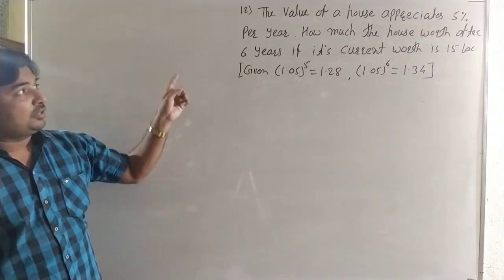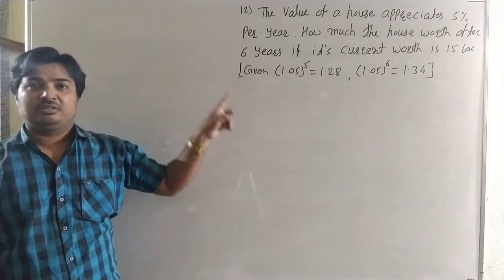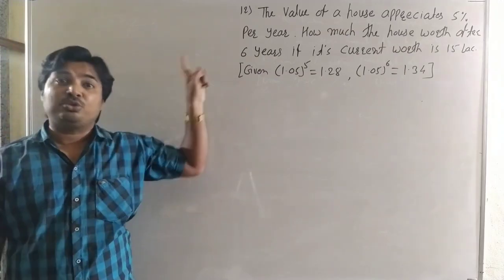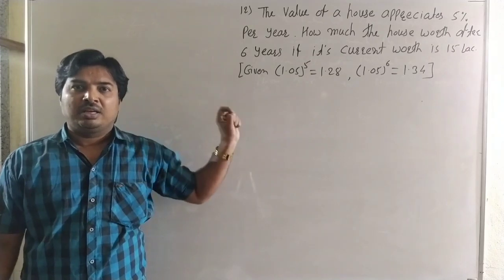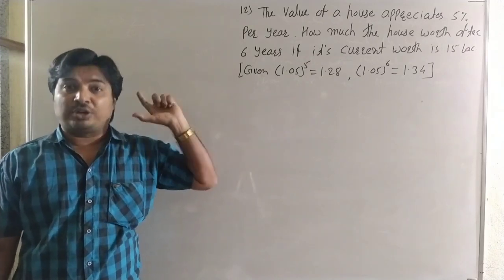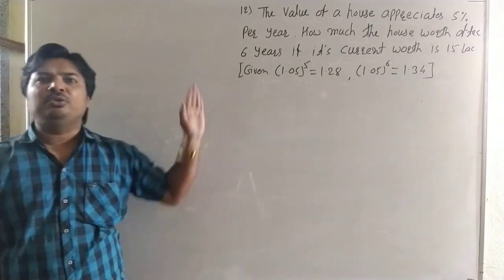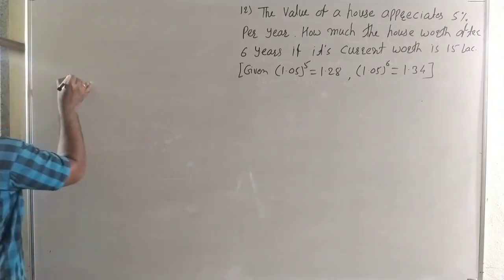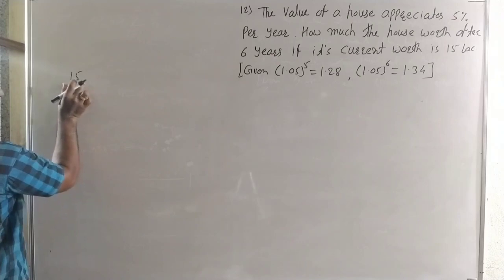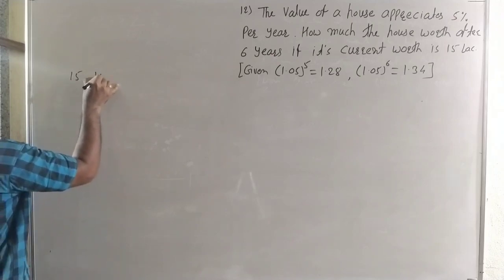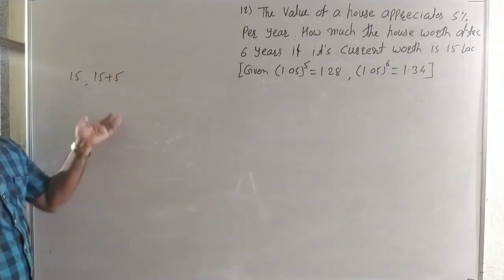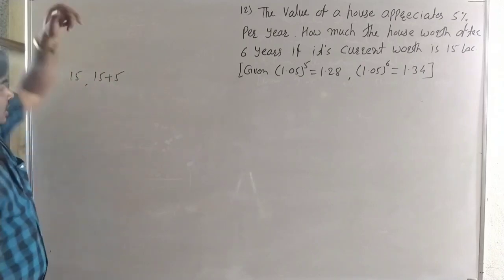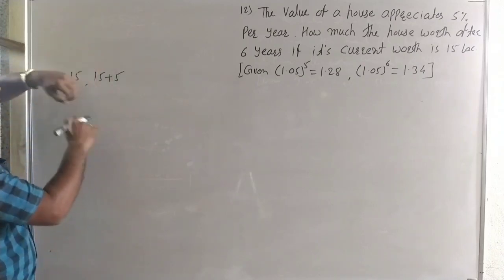It appreciates 5% per year. Okay, ratio. ratio वाढायला 5%. म्हणजे इथं geometric progression येणार, exact constant value increase होईना झाली. Suppose 15 is the first, then it increases by 5 lakh per year.